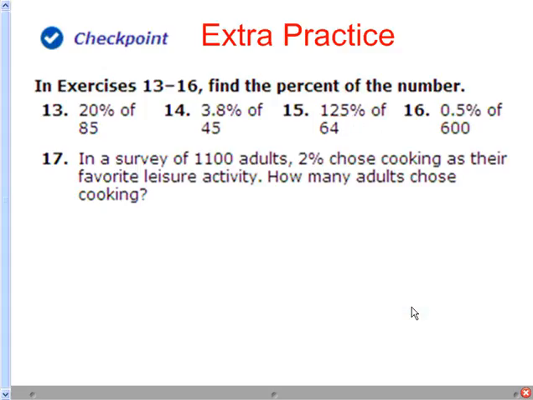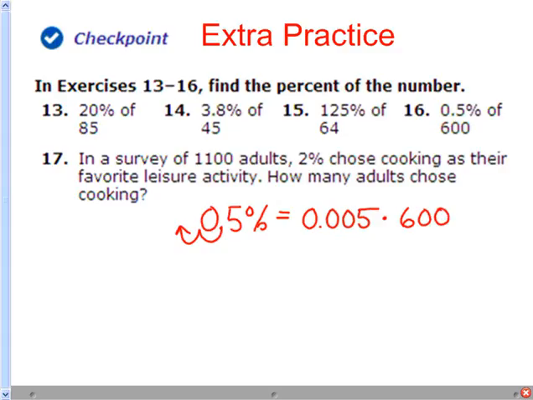All right, last one, number 16. 0.5 or 1/2 of 1% of 600. This percent is equivalent to the decimal 5 thousandths. So I'm going to do 5 thousandths of 600, or 5/10 of a percent of 600. All right, so now I'm ready to multiply.